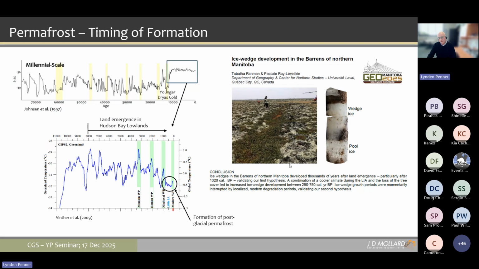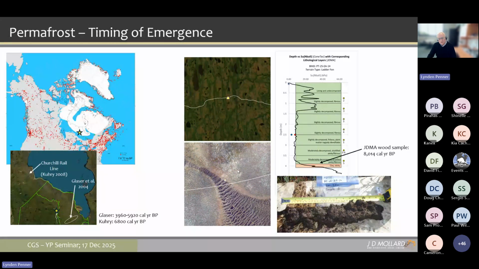And so that permafrost in this area is quite a recent development, and as the temperatures continue to warm now, that permafrost is subject to degradation.